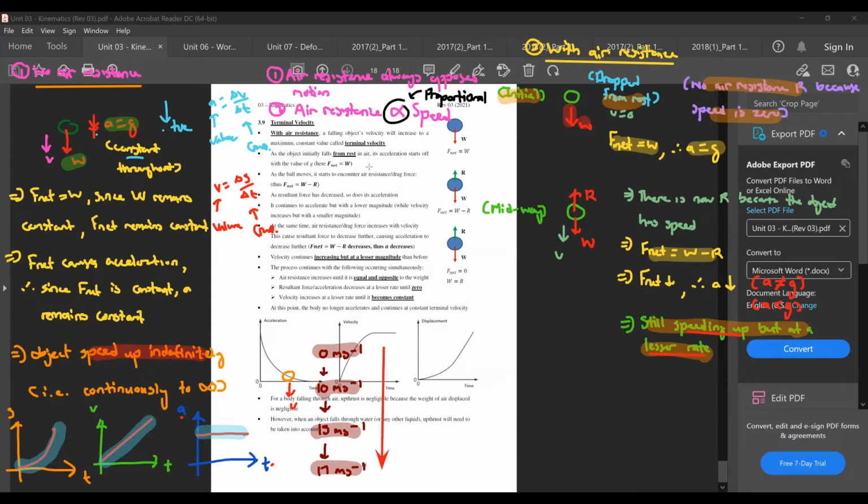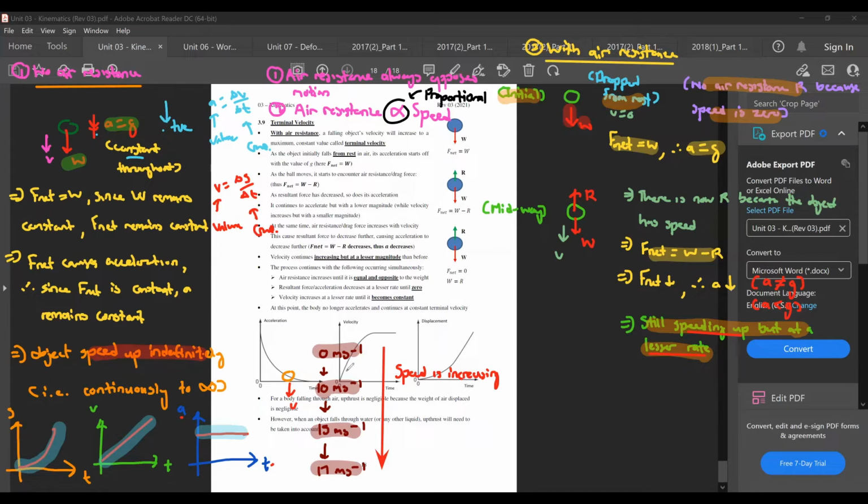Now, when you look at it this way, am I correct to say that the speed is increasing? Speed is increasing. It is speeding up. But is the speed increasing by a constant amount? Or is it increasing by an increasing amount, or a reducing amount? You see, I can actually see a pattern here.